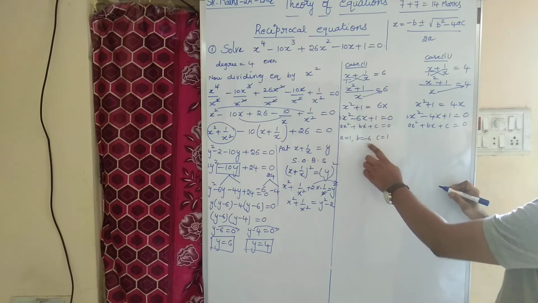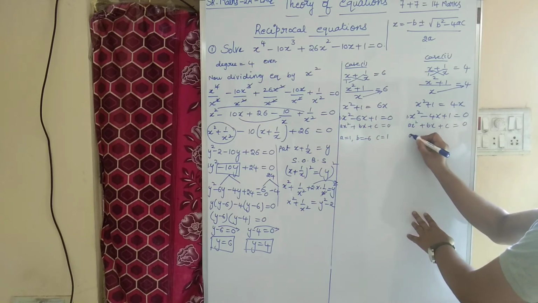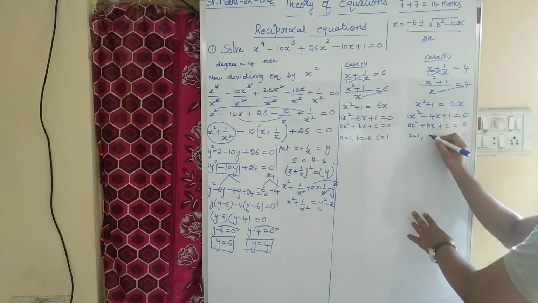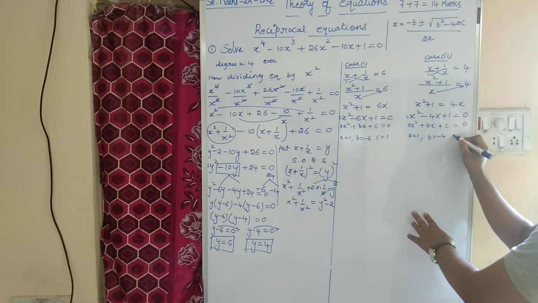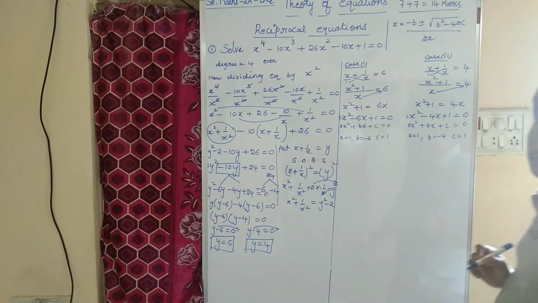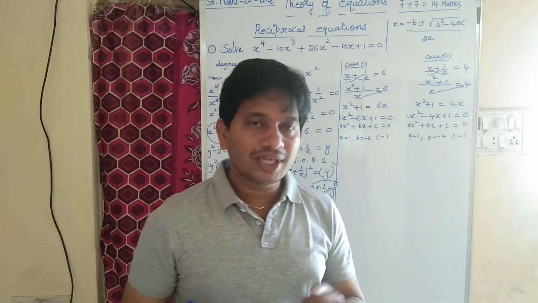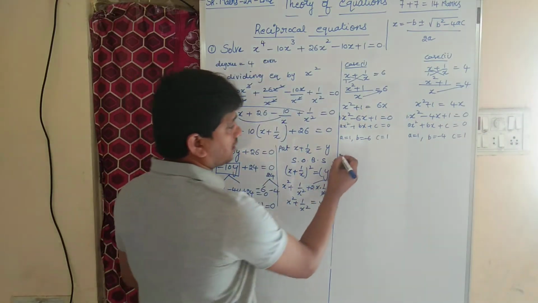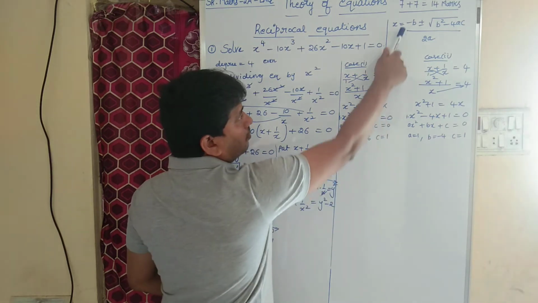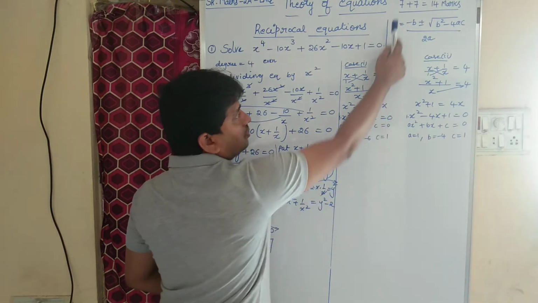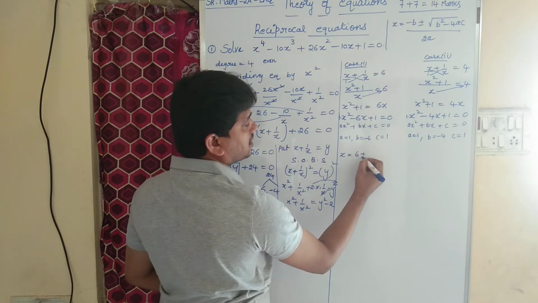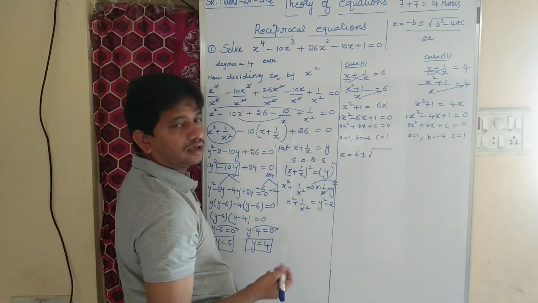Here b value is minus 6. Can you say here what is the value of a? 1. What is the value of b? Minus 4. What is the value of c? 1. Right? Now let us find the roots. So x equal to minus b, and minus into minus plus 6 plus or minus root over b square.